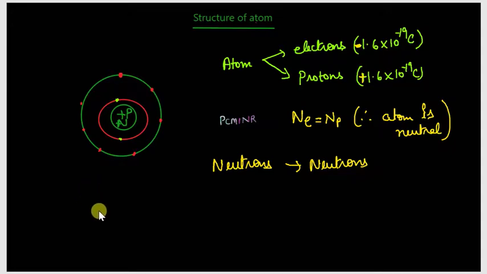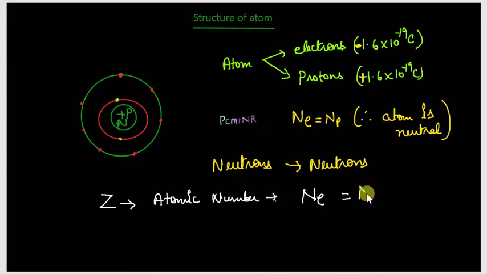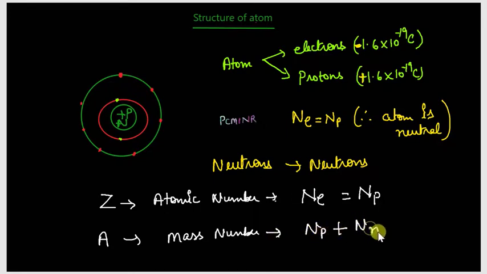The number of electrons or protons is denoted as Z, which is called the atomic number of an element. So atomic number gives us the information about the number of electrons or the number of protons, because they are the same. And A, which is known as the mass number, represents the number of protons plus the number of neutrons.